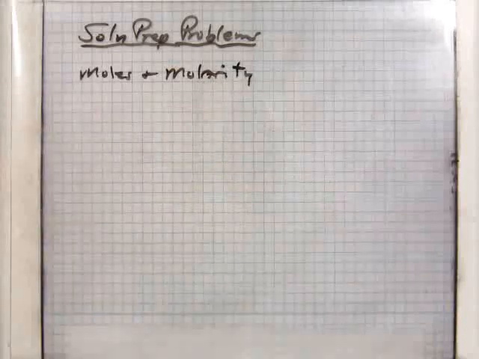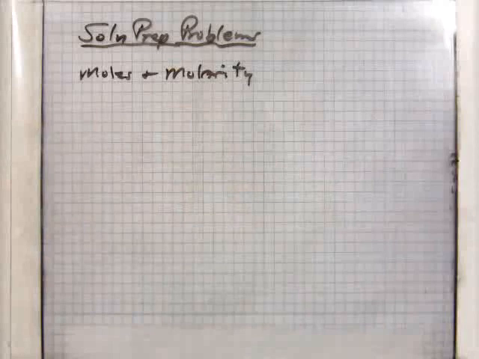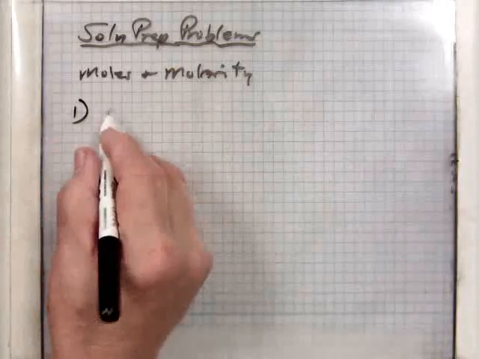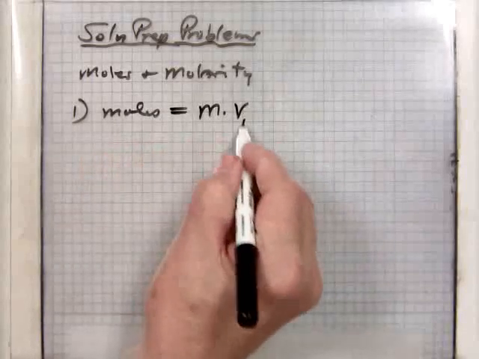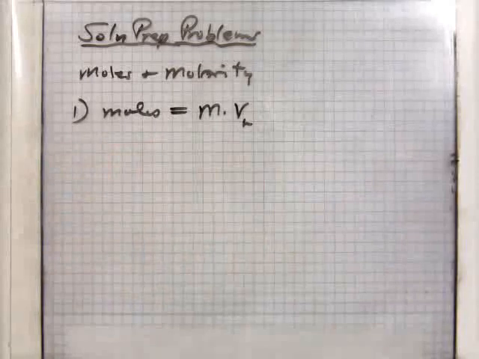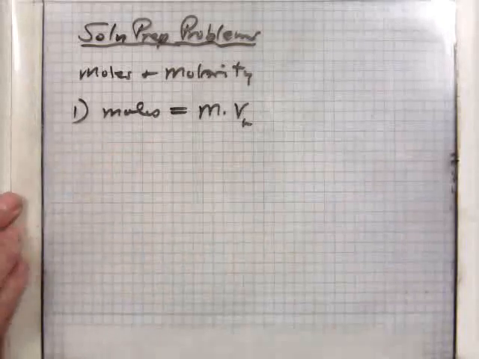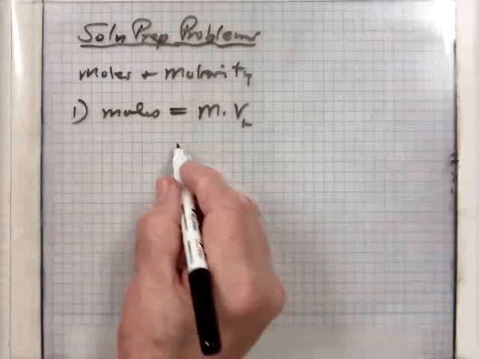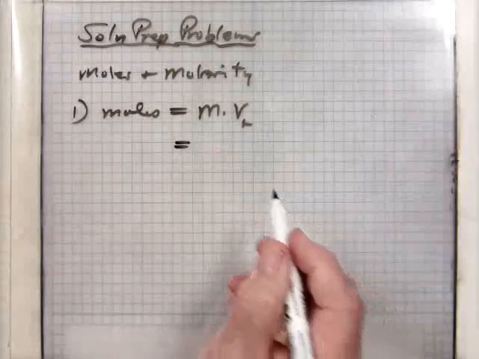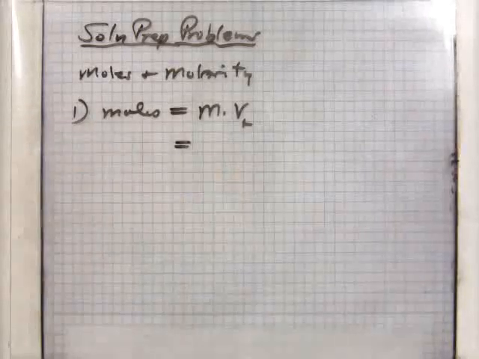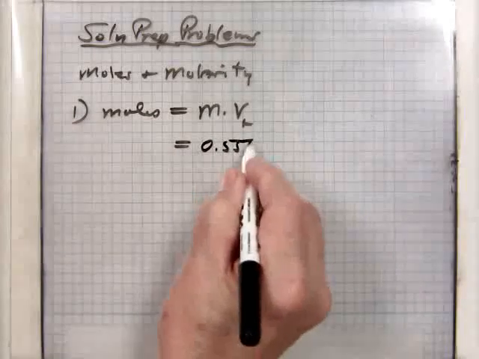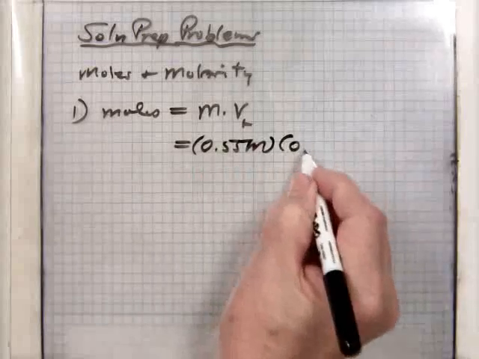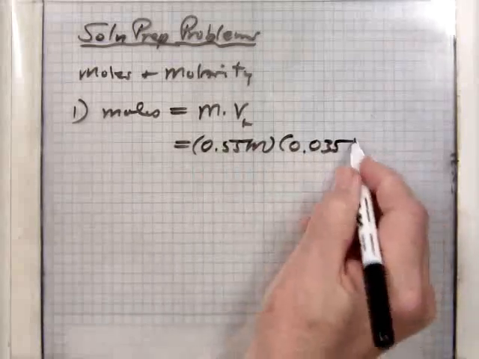It says, how many moles of HCl are in 35 milliliters of 0.55 molar HCl solution. So moles is equal to molarity times volume expressed in liters. Well, the volume has to be in liters. So we have 0.55 molar times 0.035 liters.